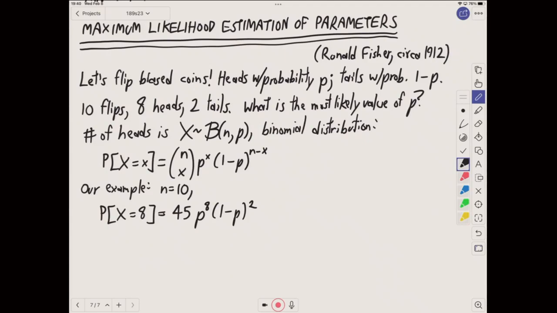So this probability, I'm going to call that the likelihood of getting a certain number of heads, 8 heads, given parameter p of my binomial distribution. So this is going to be the definition of the likelihood function.